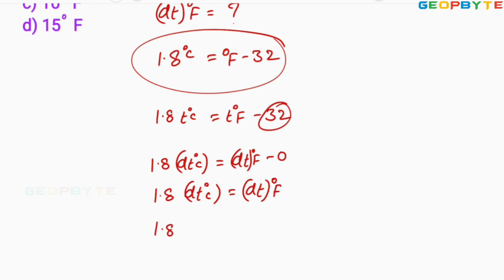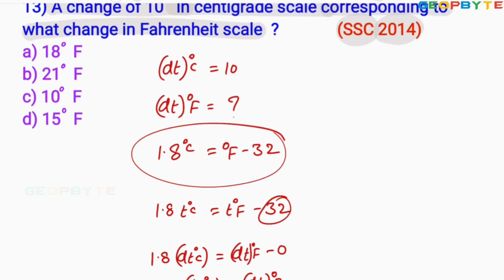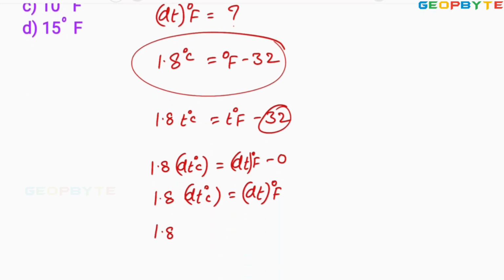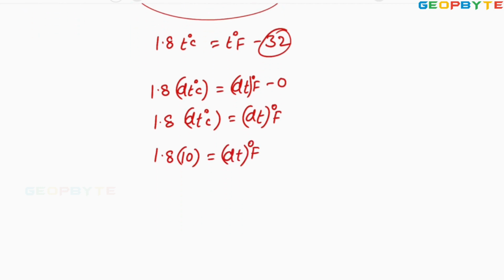Temperature difference in degree centigrade is 10. So 1.8 into 10, should be very careful, is equal to temperature difference in degree Fahrenheit. Simplify this value.